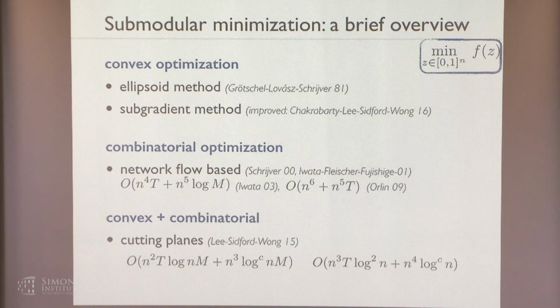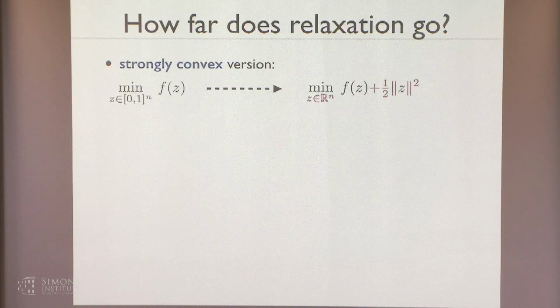So you see this is actually very interesting, the things you can do. One other question is, how far does this relaxation go? Let me show you one positive and one negative result. One interesting positive result is that the relaxation is actually quite rich, in the sense that I can even make it strongly convex and I can still read out the optimal solution.